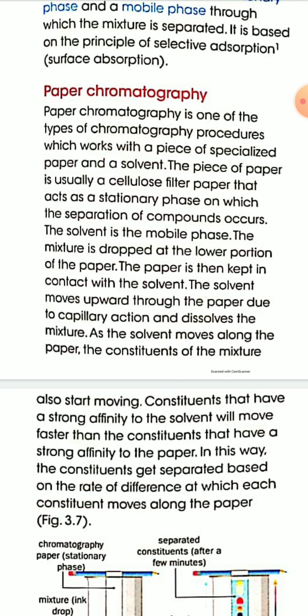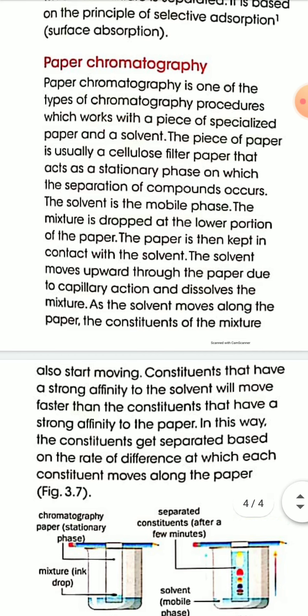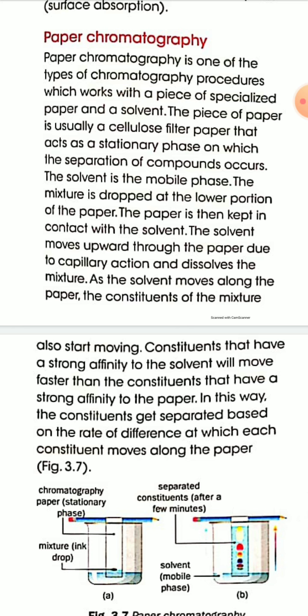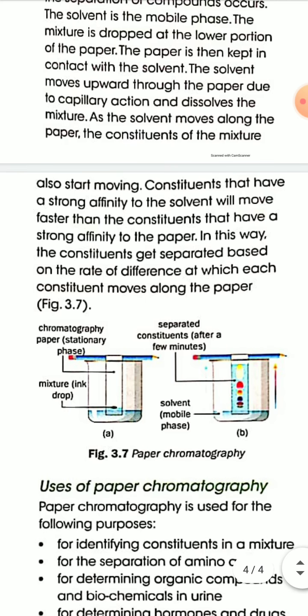So one component of the mixture has a strong affinity to the solvent, and this component moves faster than the other component which has strong affinity to the paper or stationary phase. In this way, the constituents can be separated based on the difference in the rate at which each constituent moves along the paper. So this figure 3.7 is a paper chromatography technique.